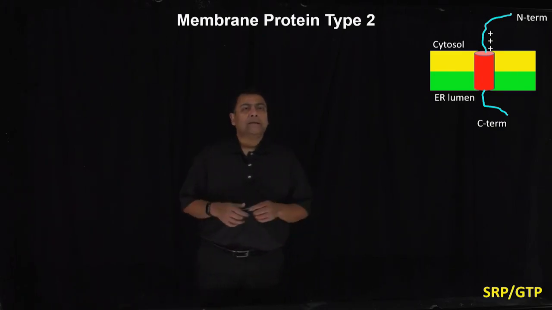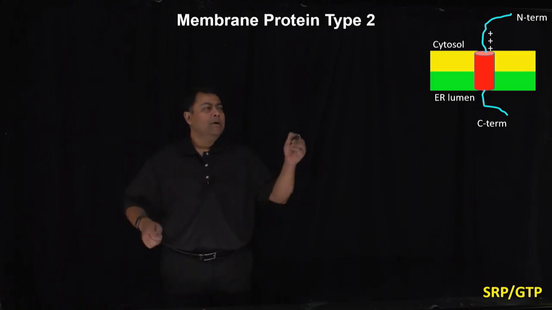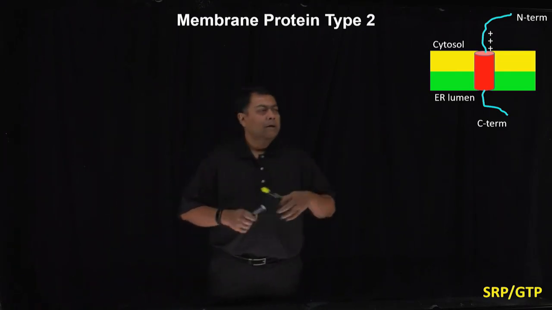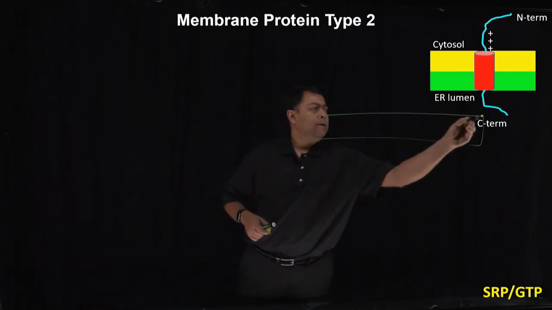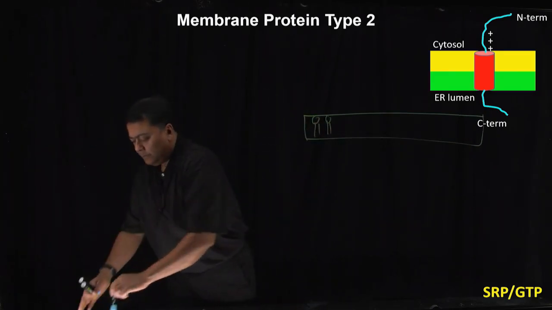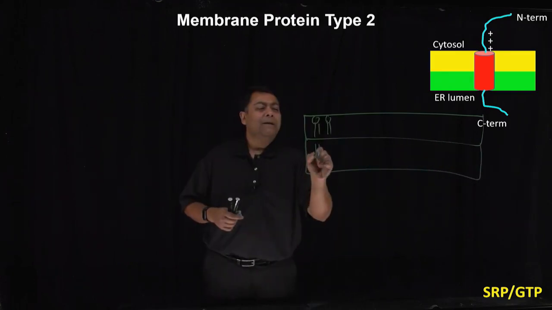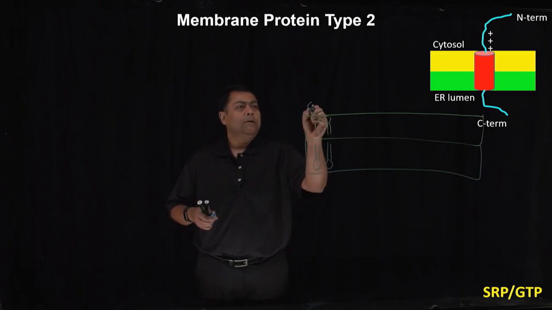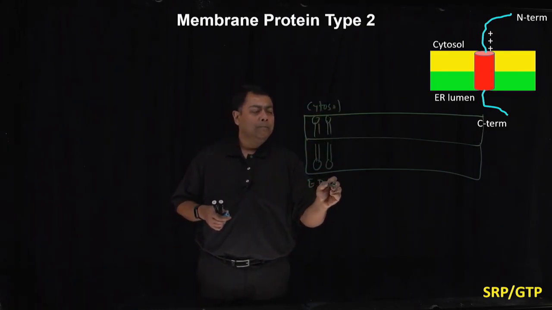So there is basically a little bit of difference in between that. So let's draw the membrane, how it is in here. So let's draw that is the upper leaflet of the ER membrane. Right here is the orientation, and this is your cytosol, and this is your ER lumen.